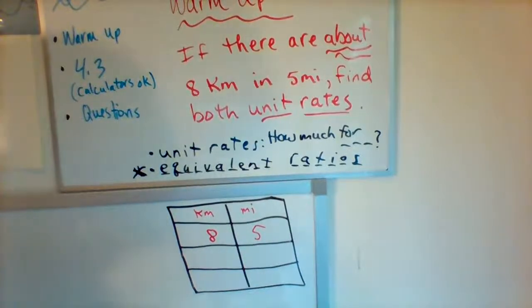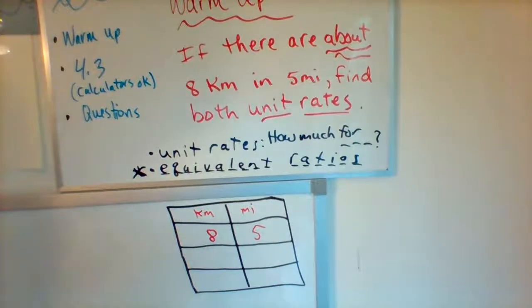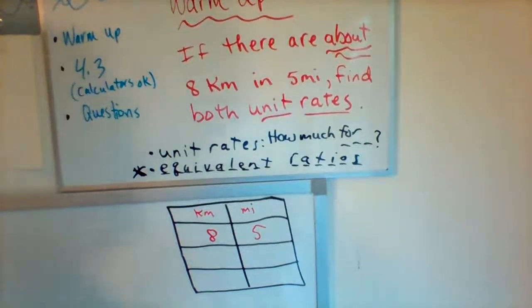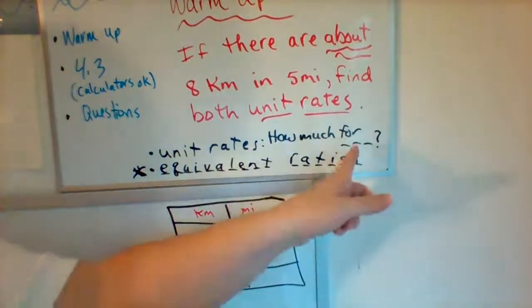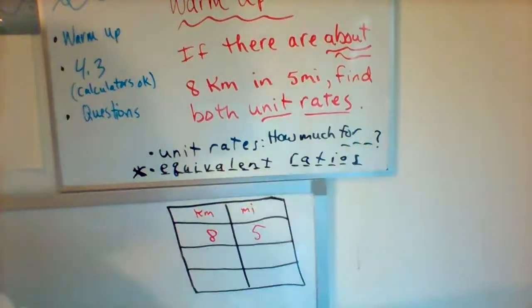Nobody still? Unit? I guess if you want to look this one up, you can, but I don't want to tell you. You've got to figure it out on your own. A unit rate answers the question, how much for blank? And it's right here. One word, 3 letters.